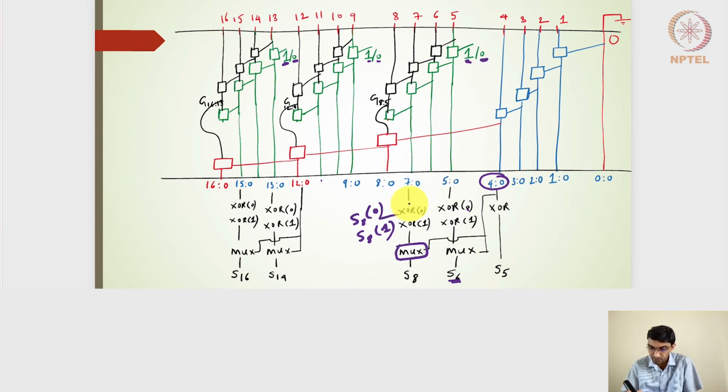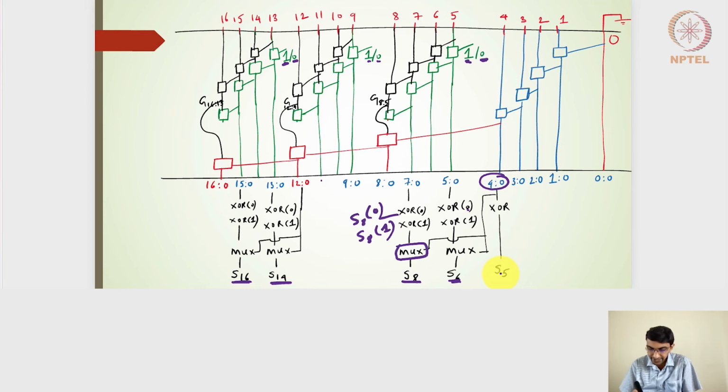That will be given to the XOR gates to generate the sum bits, and the pair of sum bits will go into the multiplexer inputs. The select lines will of course come from the real G4:0, and the select lines here will come from the real 12:0 whenever it is generated. And then it is able to generate the right sum bits.